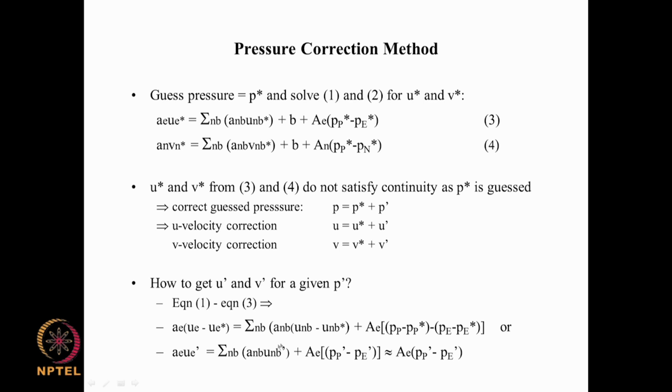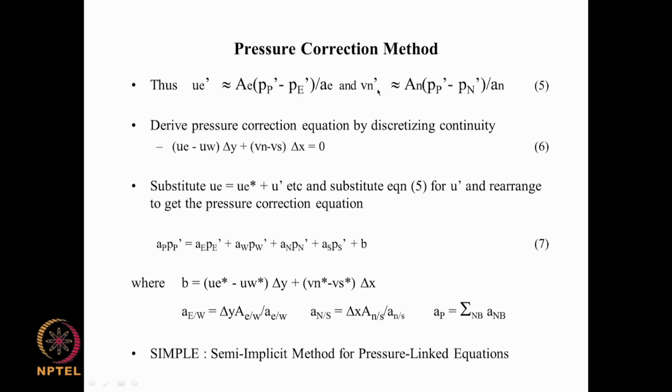And if you neglect this component, then you can say that UE prime is roughly equal to AE times (PP prime minus PE prime). What this gives us is that, neglecting this, if you make a pressure correction, you can find out the velocity correction here. Similarly we can make an estimate for Vn prime, the velocity correction in the vertical component, which is AN times (PP prime minus PN prime).